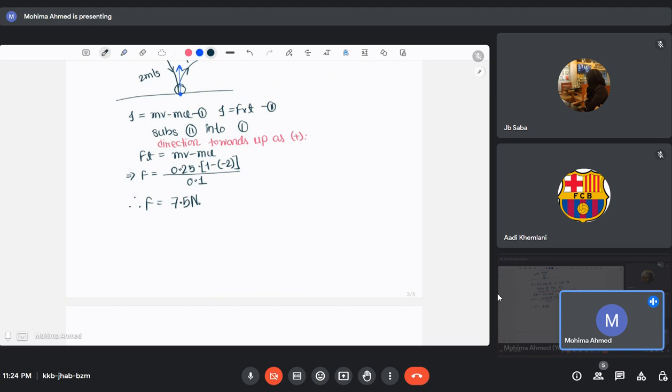Now, if I focus on this part, the forces that are actually being involved in this part were, part B, this was the ground, this was the ball.